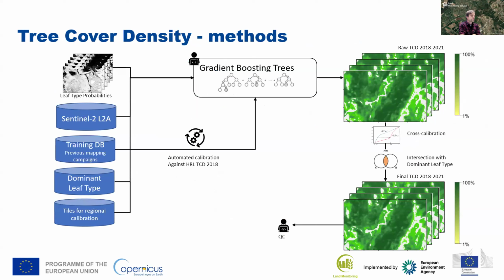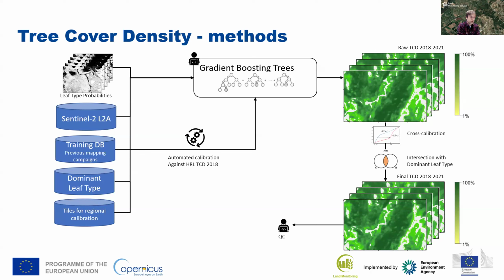Then the next primary layer would be the tree cover density. For the creation of this product, we also use the leaf type probabilities gained in the previous classification step. We combine these with Sentinel-2 data and a training database with TCD, tree cover density, samples from previous mapping campaigns. These data are then used for model training.